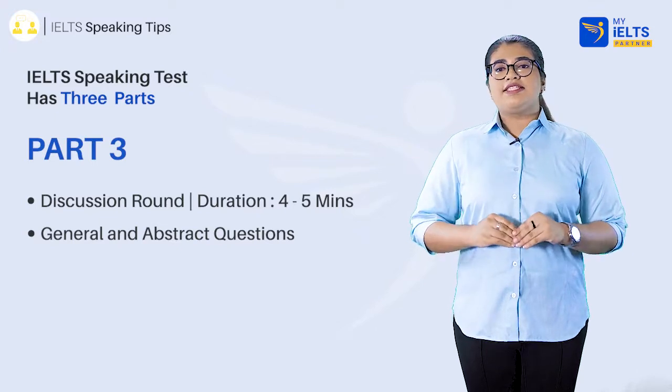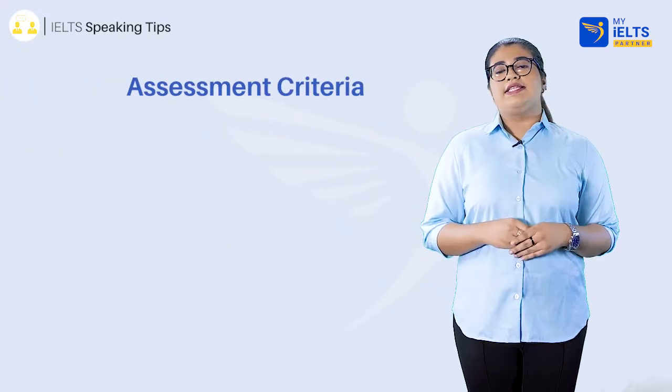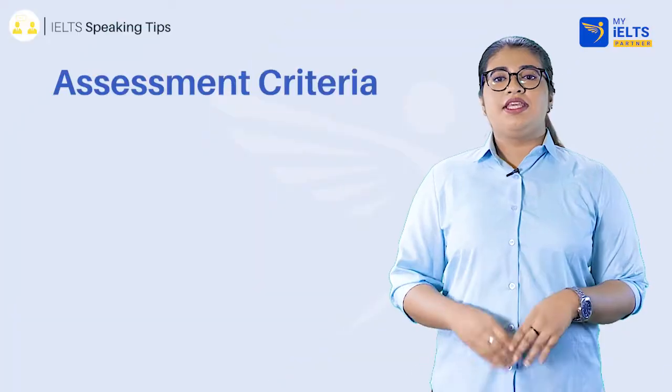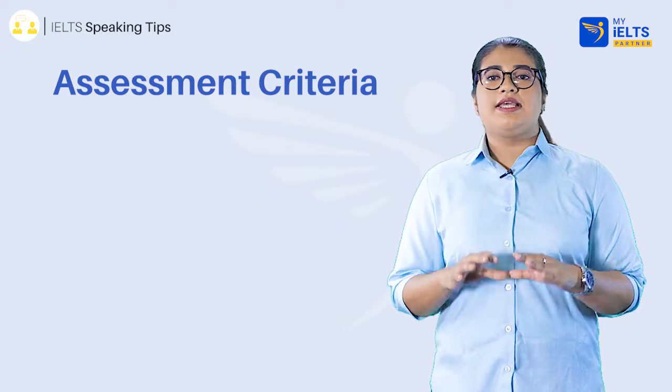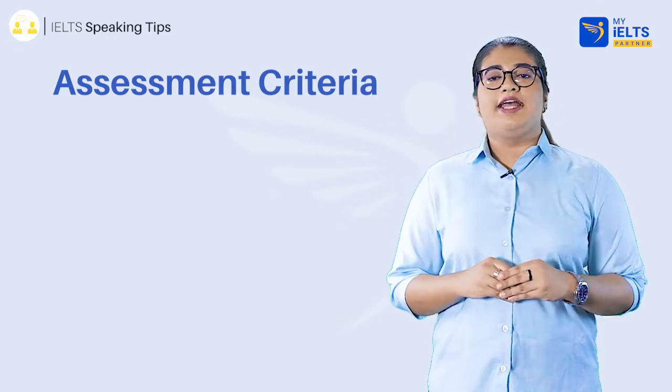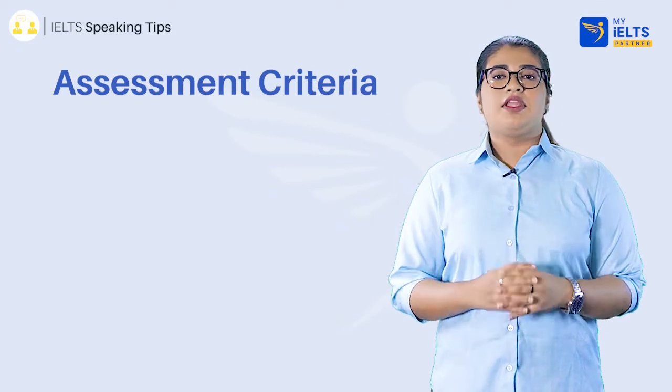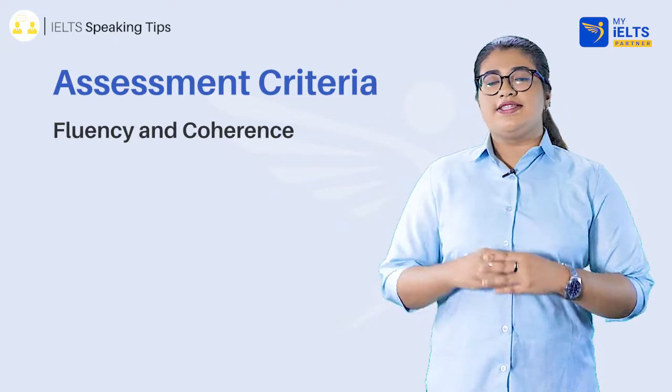Now that we have discussed the different parts of the test, let us move on to the assessment criteria. The IELTS speaking test is assessed based on the following criteria. First, fluency and coherence.